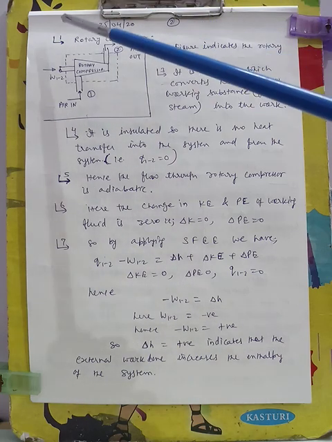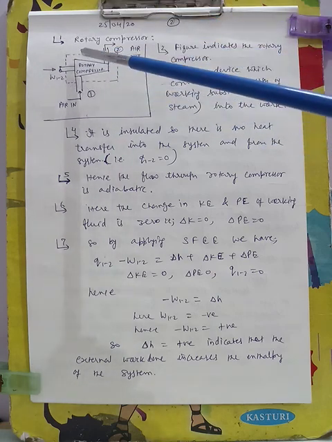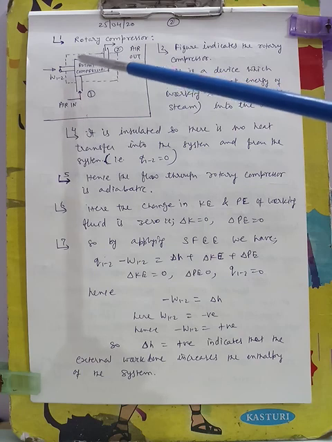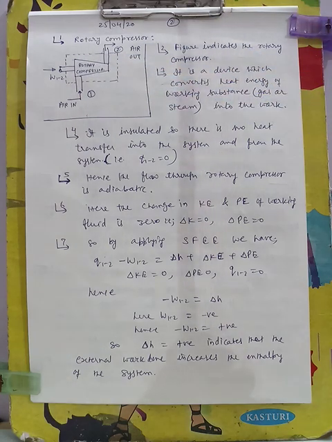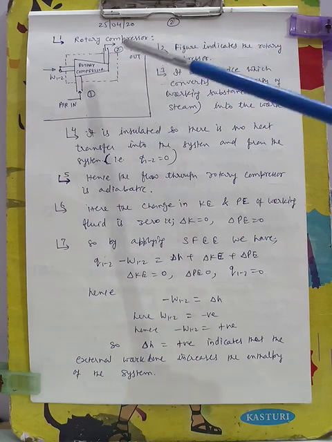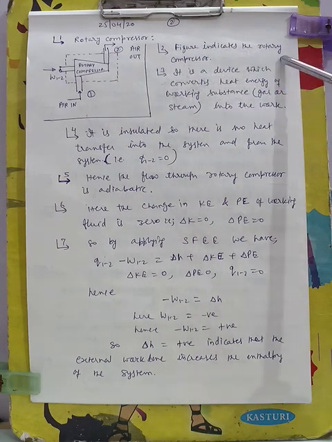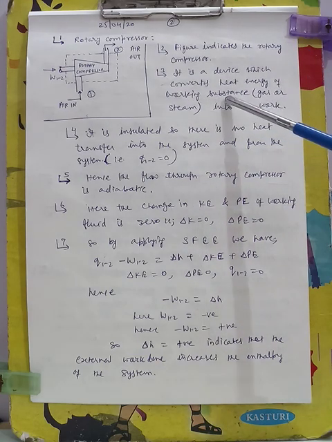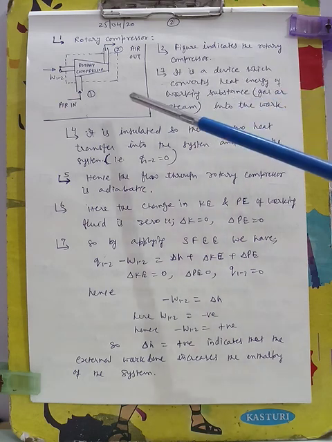So again, this is an insulated device. So heat transfer will not take place in or out from the system. As we know, the compressor is a device which converts work into energy of the working substance. That working substance is mostly air.